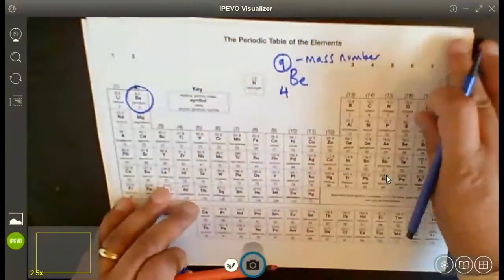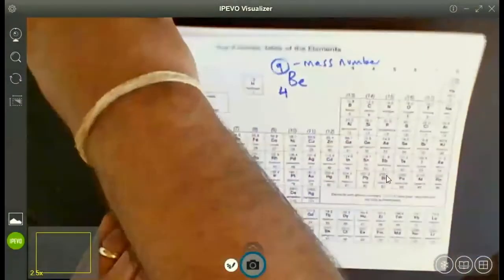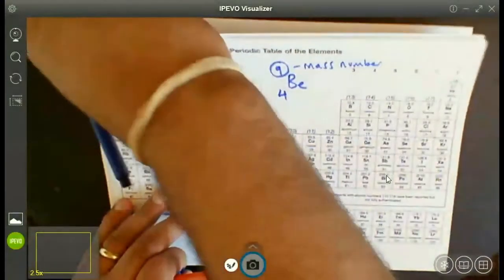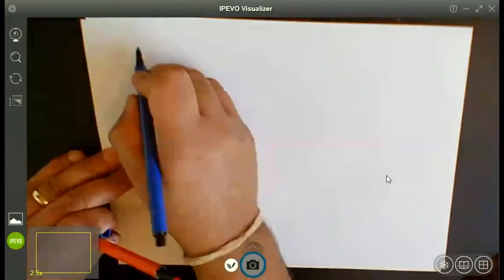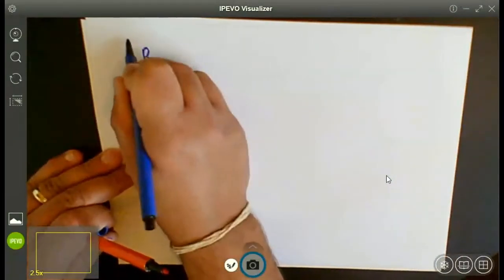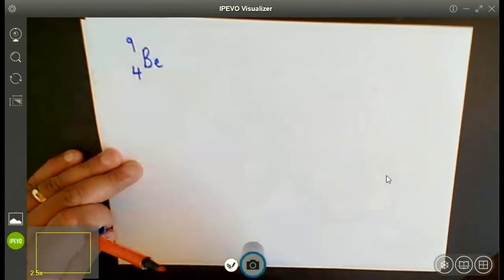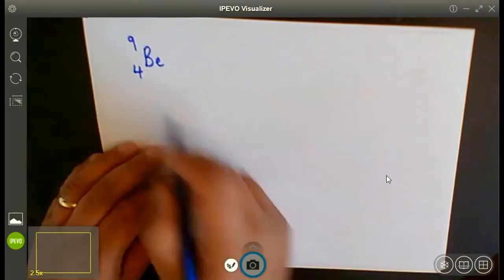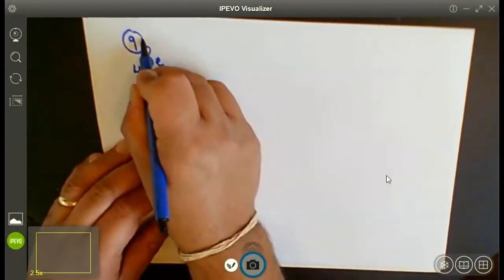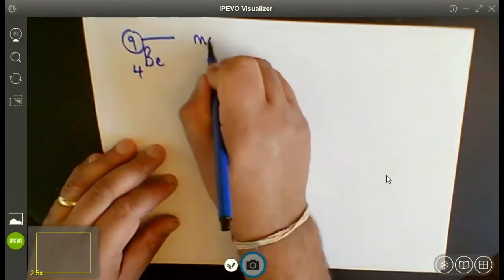If I show you here on my next sheet, we can lift off this periodic table. I've got Be, and that's a 9 and 4, and that 9 is the mass number.